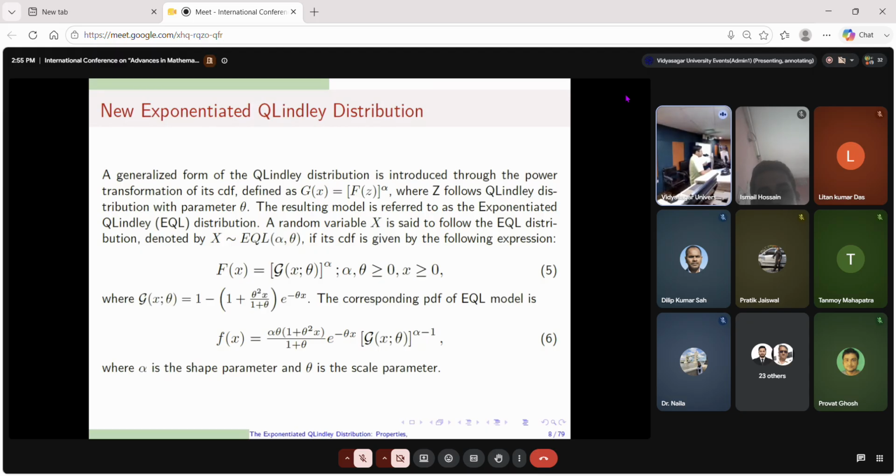That is why I have already given the distribution functions of QLindley and the exponential distributions. With the help of those distribution function techniques, we have derived our exponentiated QLindley distribution, equation number 6, and this is the PDF of the QLindley distribution.